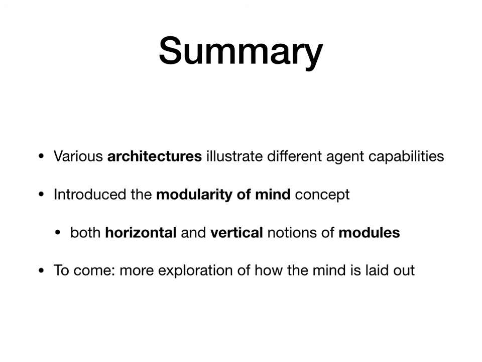So, to summarize this, we've gotten into the discussion of how exactly our minds are laid out, what kinds of processing structures exist, not just what's possible, not just what an individual structure might look like, but how do these things exist for us, for biological entities, for humans, for dogs, for sea mollusks, right? What does a mind look like, and how does it differ?